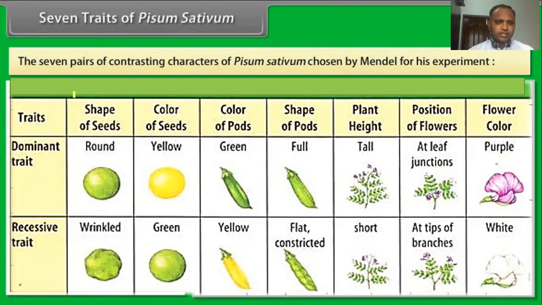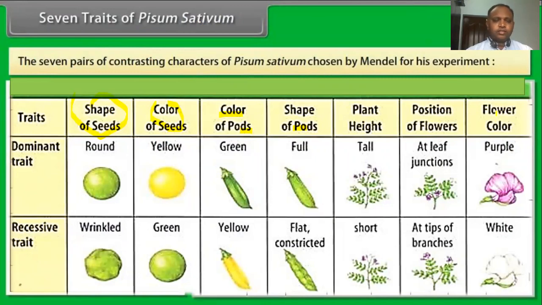He selected shape of seed as one of the characters, seed shape. Next, seed color, and next pod color, pod shape, and next plant height, and the position of flower and the flower color.